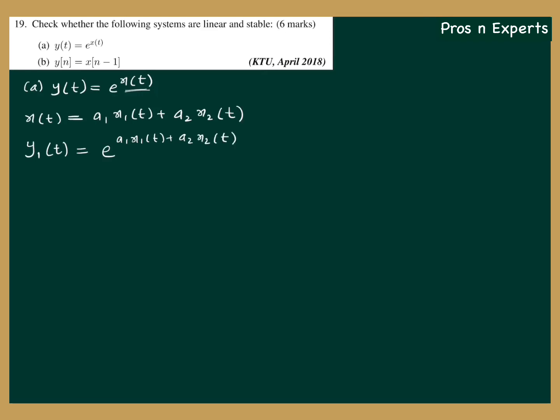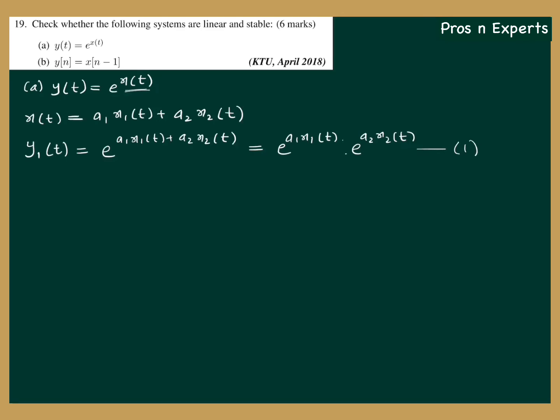You can rewrite it as e raised to a1 x1 of t into e raised to a2 x2 of t, and now further simplification is possible. Let this be equation number 1. Now you take the output as a mixture.